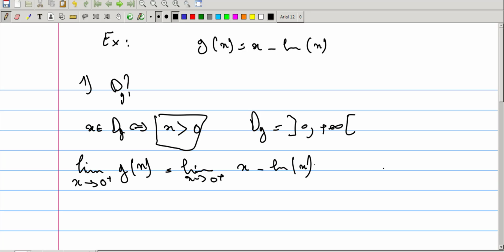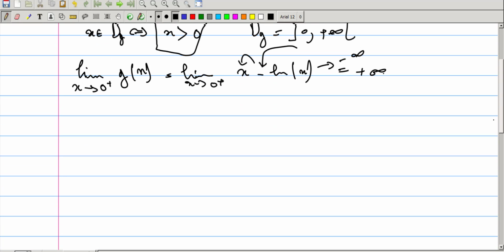Firstly, we know the limit of ln is minus infinity when x approaches 0 plus. So minus infinity with the minus becomes plus infinity, and plus 0, it is plus infinity. Good.